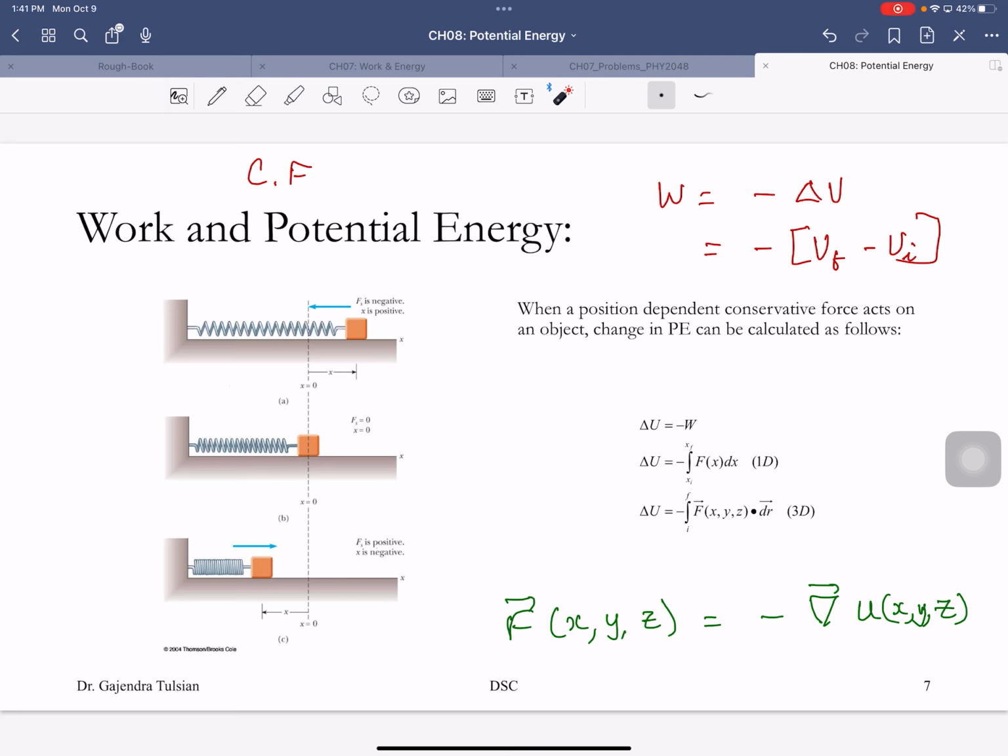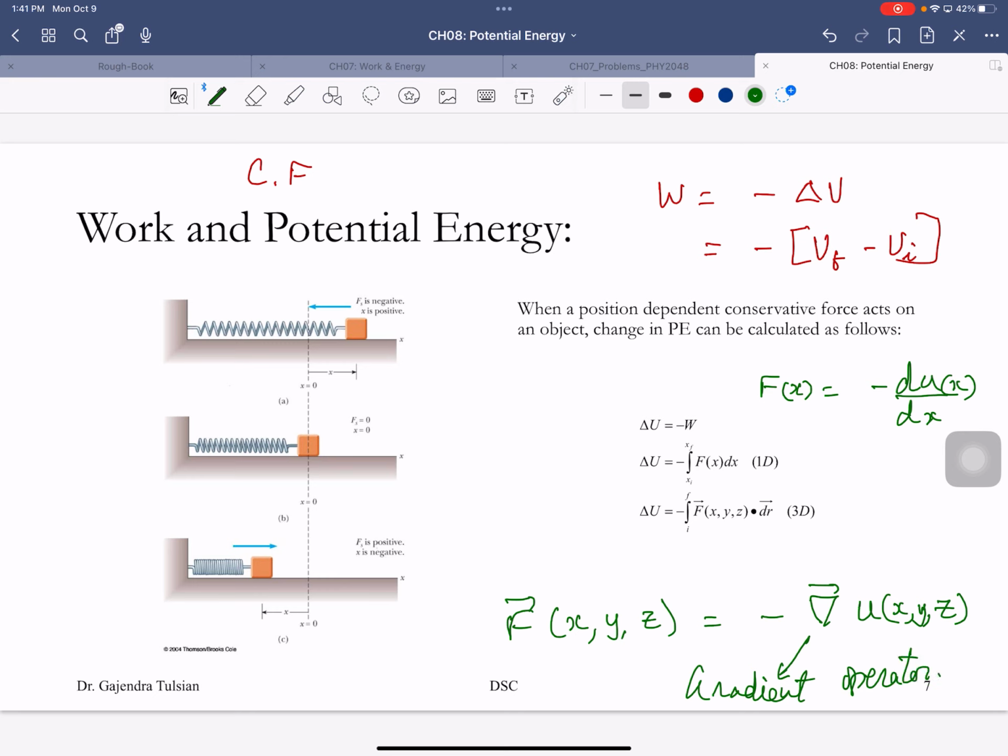So in 1 dimension, the force was given by minus dU by dx. In 3 dimensions, this is sort of a generalization of the derivative. It's called the gradient operator, and we'll see what that means.